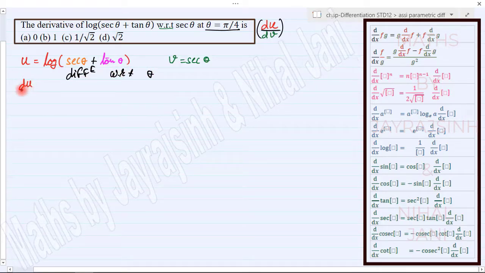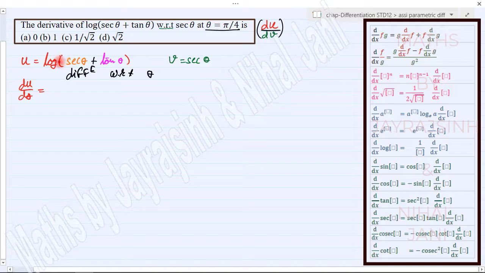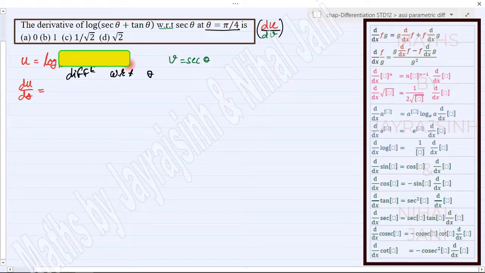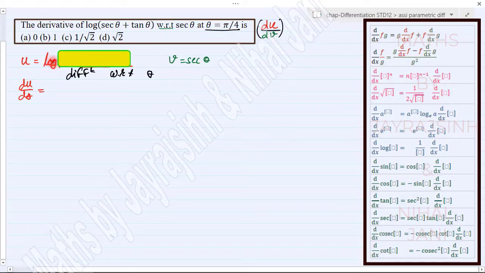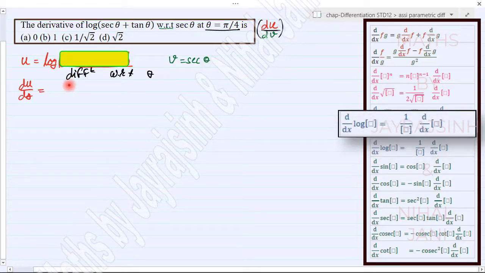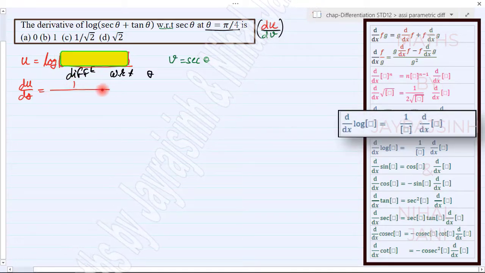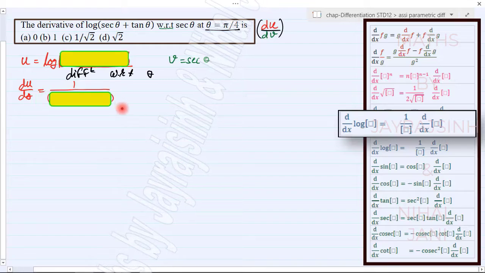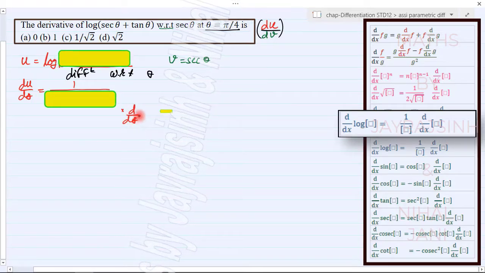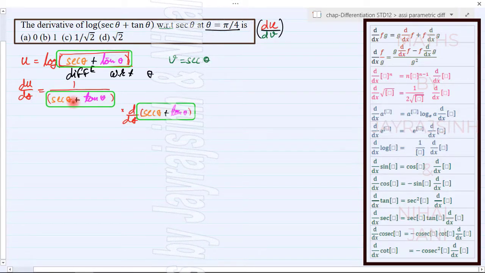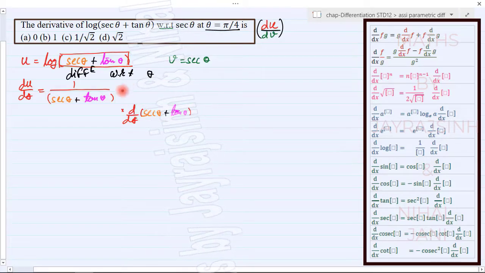So we will get du by d theta. On the right hand side, your outermost function is log. So we have to consider a box around the rest of the function. That means we have to differentiate log box, which is simply 1 upon box times d by d theta of box. Within the box we have sec theta plus tan theta.